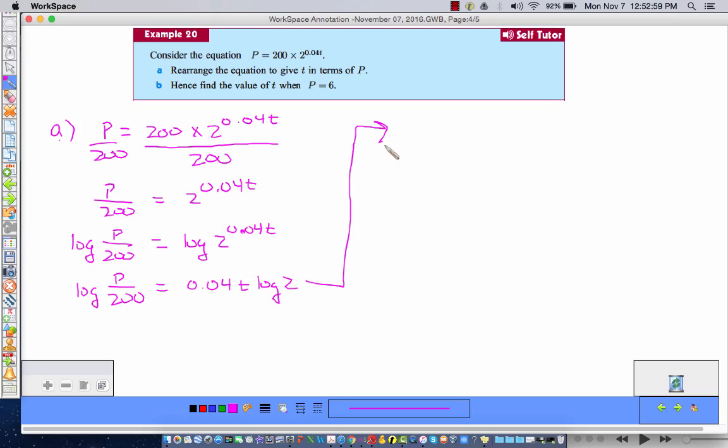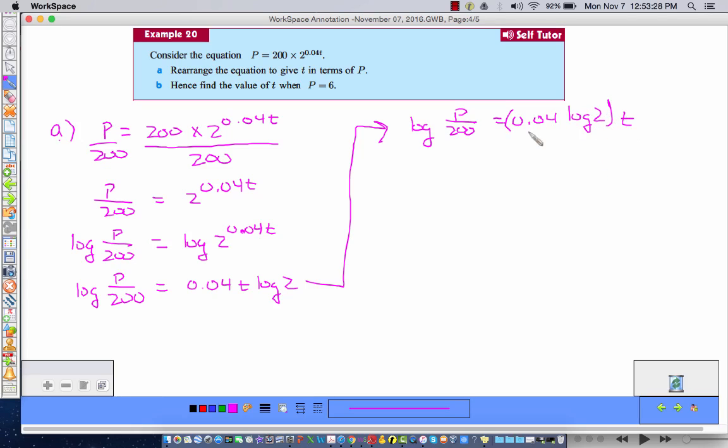Okay. Now I'm just going to rewrite this one time just so you can see it. Log p over 200 equals, multiplication is commutative, so I could rewrite this as 0.04 log 2 times t. Maybe I should do this to emphasize that I'm not taking the logarithm of t, that's this number multiplied by t.